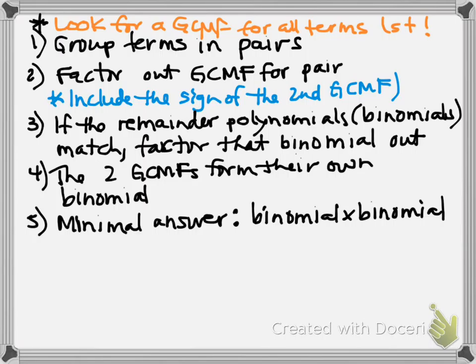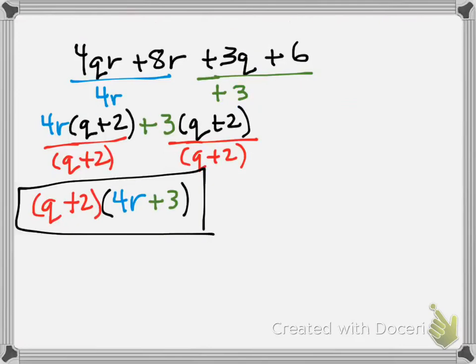Now, how do you know if you're right? Brandon? Multiply it out. Yeah. So let's go back to that problem. What I'm going to do is just distribute out to see if I did it correctly. So I've got Q times 4R is 4QR.